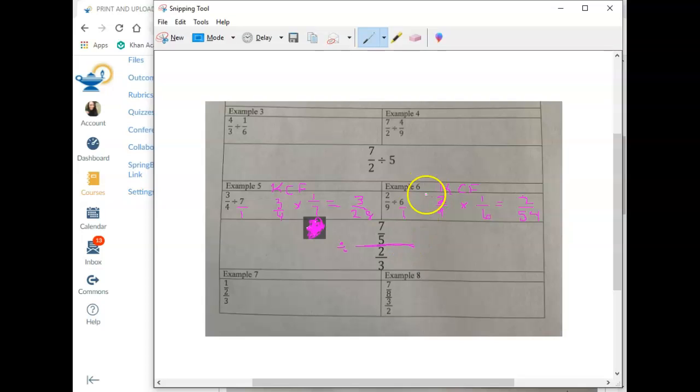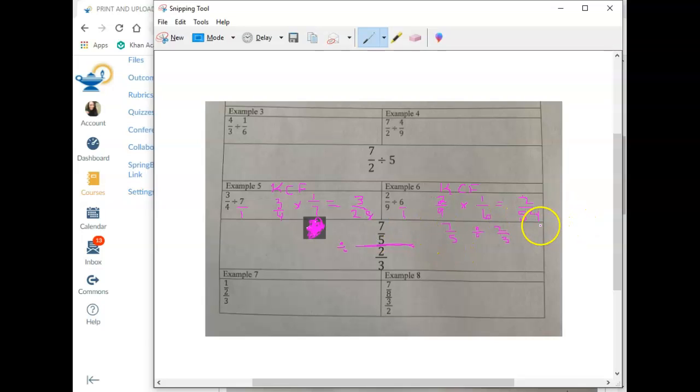So do you guys have a suggestion? What should we do when we see a super fraction? Anybody have an idea? Put that line there, and then what should we do? Yes. I don't like how this looks. So Alejandro has a good point. Let's just write it out. Okay, let me change this to 7 over 5 divided by 2 over 3. Now, does that look better? Yes, it does.